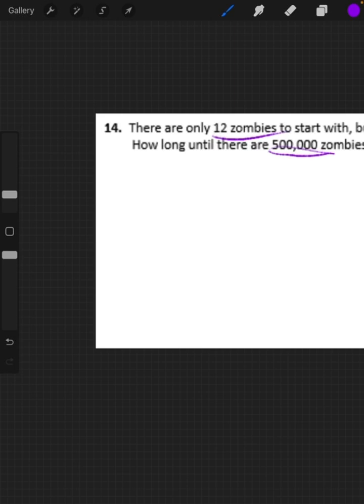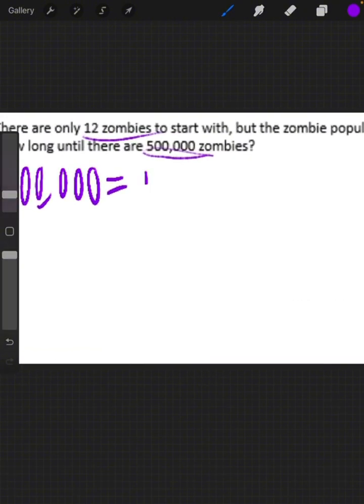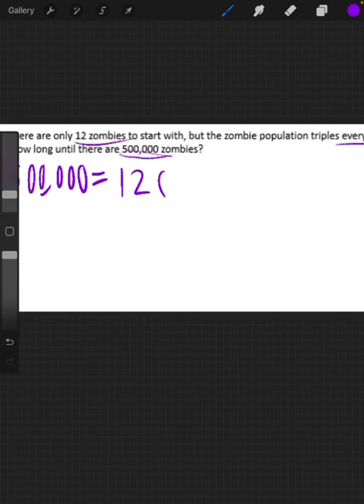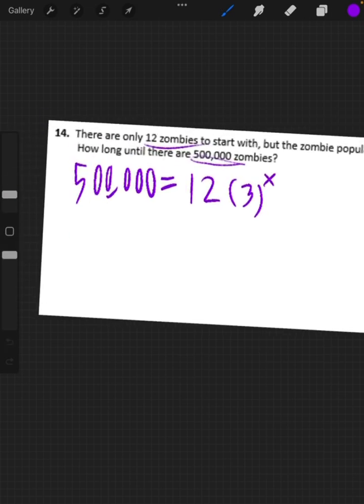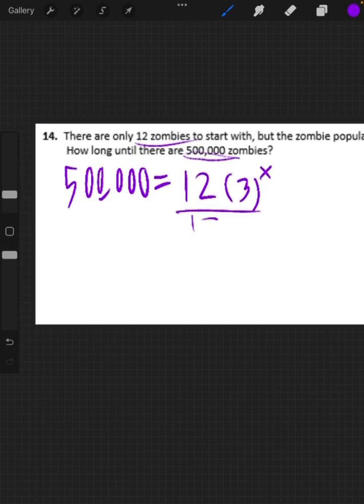So then we're finding 500,000. Or no, that's what the equation is equal to. And our starting number is 12. And we multiply that by 3, because it triples, to the x power, where x is days. So to solve this, what we could do first is divide 12 from both sides.